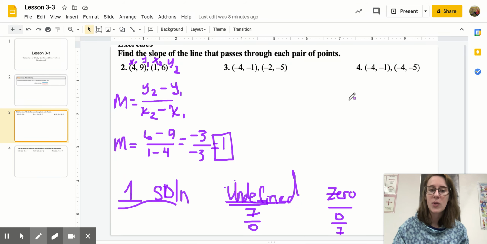I'm going to do number 4 next, just to show you what that looks like. So again, you'll write down your slope formula.